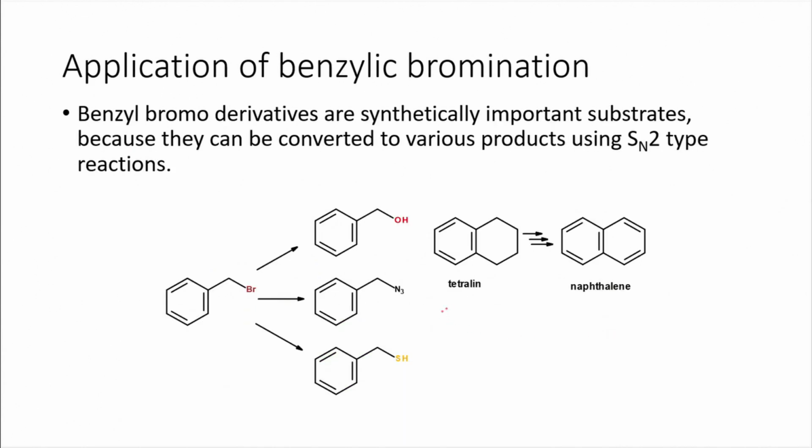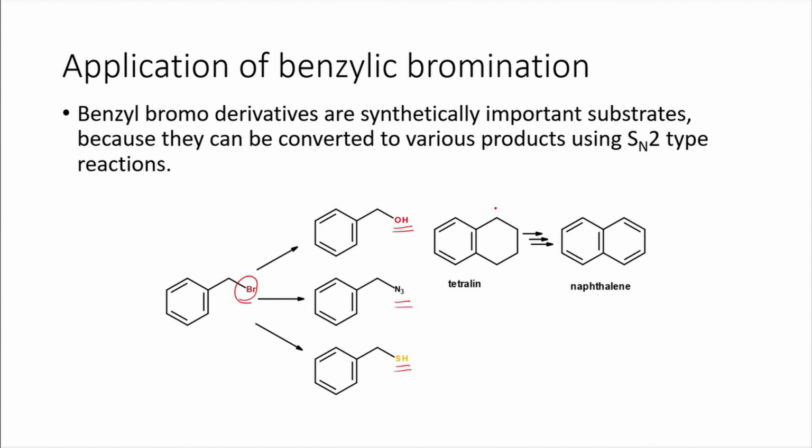And when we look at the application of benzylic bromination, this bromine can be replaced by various other nucleophiles, like in an SN2 type reaction, by the hydroxy group, azide group or thiol group. In the case of tetralin also, this can be converted into naphthalene using this kind of reaction by forming a bromination.